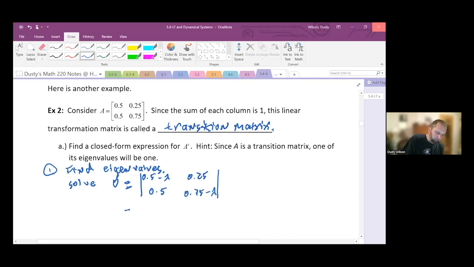This is equal to (1/2 minus lambda) times (3/4 minus lambda) minus 1/8. Of course, this is all equal to 0.